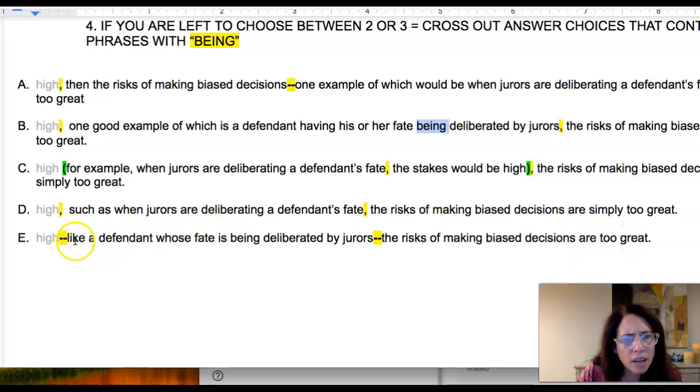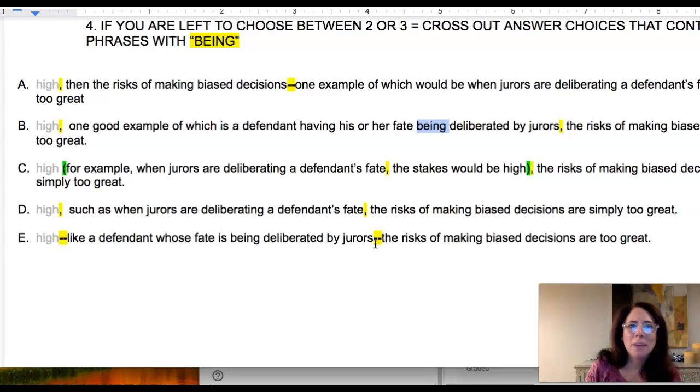But then I see what's different here in between the hyphens versus in between the commas. And I'm going to take a look at that. Such as when jurors are deliberating a defendant's fate, the risks of making biased decisions are simply too great. Versus, a defendant whose fate is being deliberated by jurors. Aha.